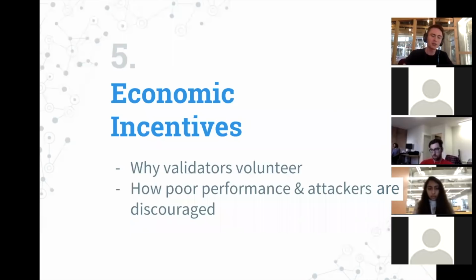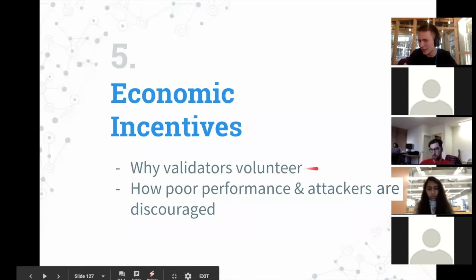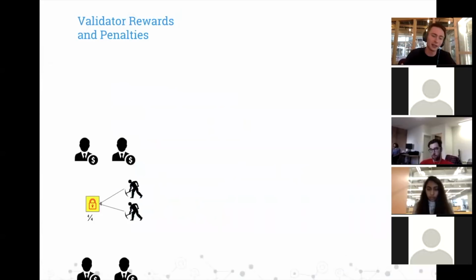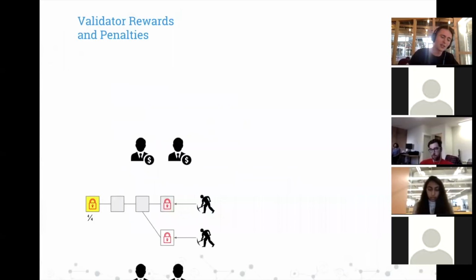But yeah, so these are just a really quick overview of the economic incentives, and why these validators are actually validating in the first place, right? So we've got these validators.